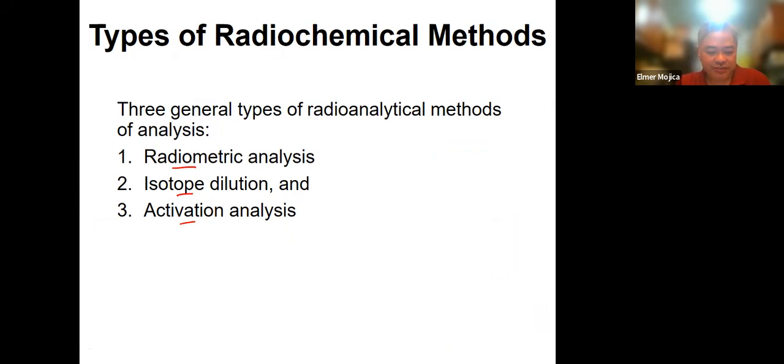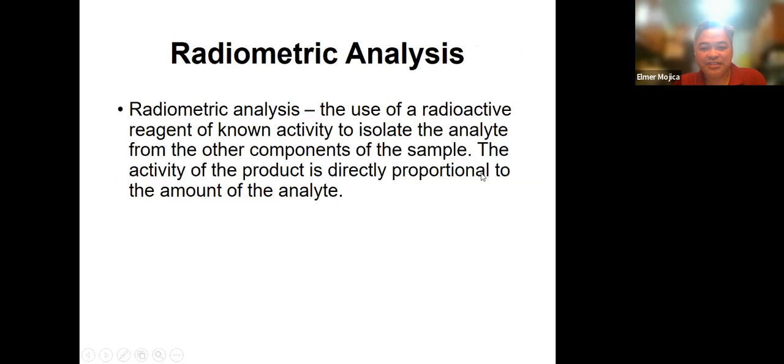So itong radiometric analysis, ang ano dyan, yun yung direct analysis of a radioactive isotope by measuring its rate of disintegration. Okay? So this is the use of a radioactive reagent of known activity to isolate the analyte from other components of the sample. And the way that they look here, the activity of the product is directly proportional to the amount of the analyte.